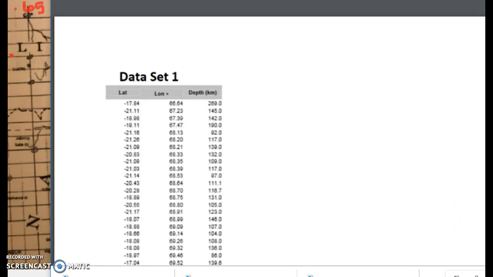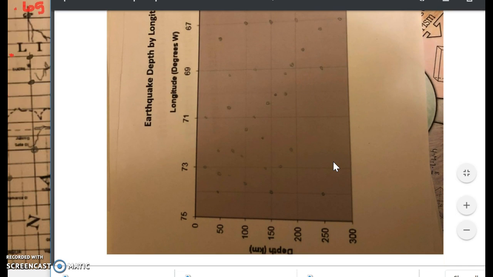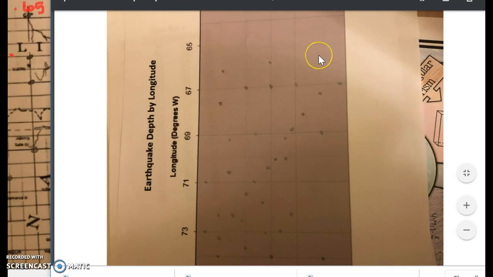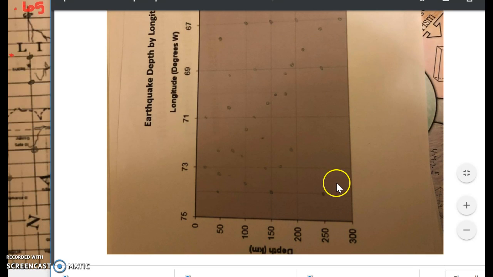And then we said the depth was 269. So 250, so halfway between would be 275, right? So it's just a little bit less than half. And we would come across to halfway in between here to 66, right? And then we were about halfway here as well because we were at 269. So just a little bit less than halfway. Okay?